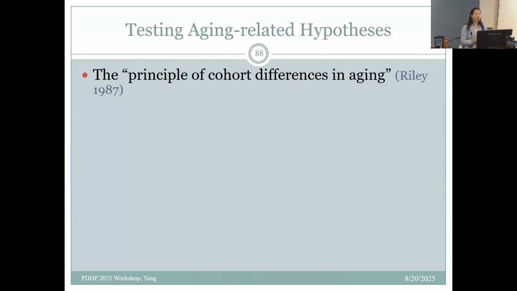So a few words about the theoretical background. Matilda Riley, in her presidential speech at the 1987 annual meetings of the American Sociological Association, put out this famous principle of cohort differences in aging theory that emphasizes distinct aging experiences across different historical cohorts.